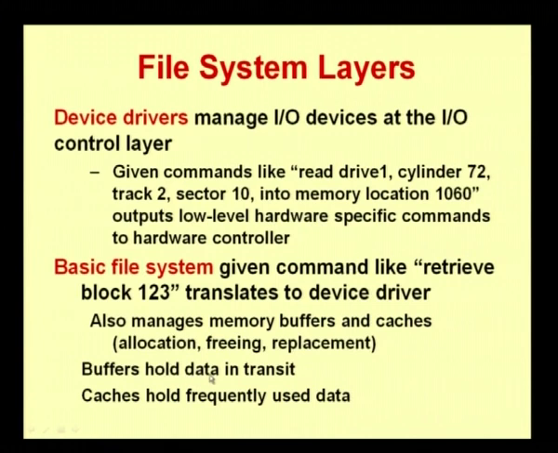It buffers, holding data which is in transit. It caches, holding frequently used data. Cache is nothing but a buffer memory, a temporary memory wherein we store our data. Taking the contents from a temporary memory is faster than taking the contents from the hard disk directly.